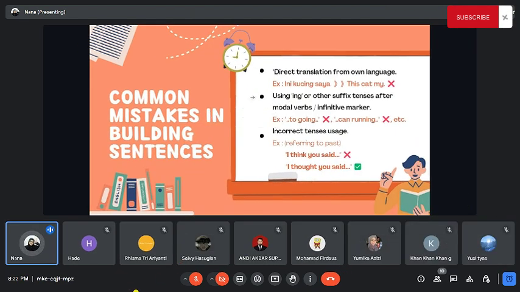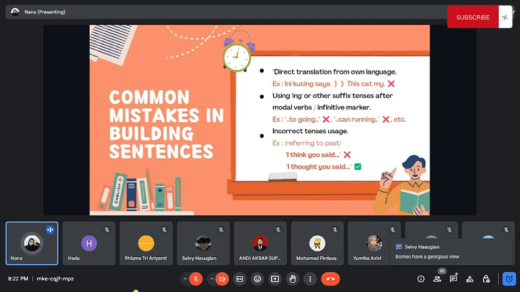The second one is using -ing or other suffixes and tenses after modal verbs or the infinitive marker. Modal verbs are, for example, will, should, must, can, and so on. And the infinitive marker is to. For example, some people would say, you have to going.